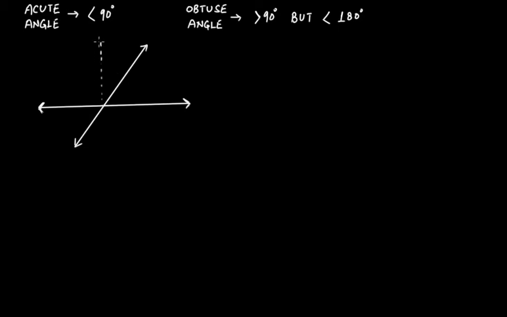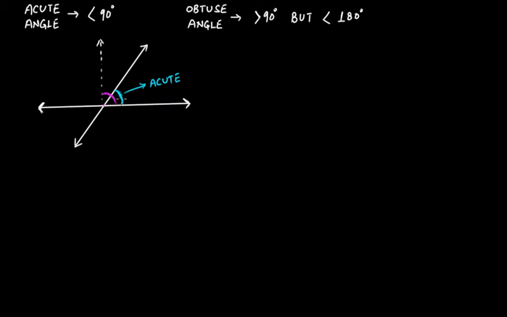If this line would have passed something like this, making a perfect L, then this angle would have been a right angle, that is 90 degrees. But it's passing like this, intersecting here, and the orientation of this line is like this. Therefore, this will surely be less than 90 degrees, and therefore we will say that this angle is actually an acute angle.